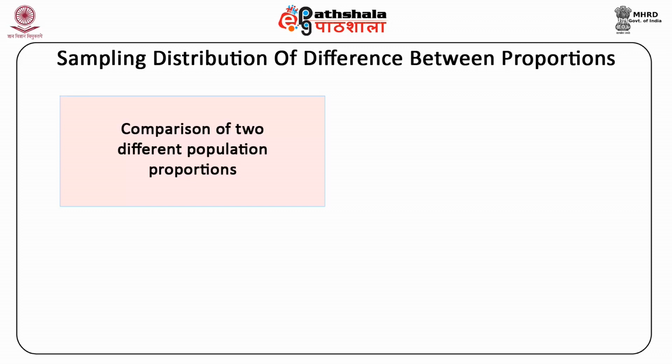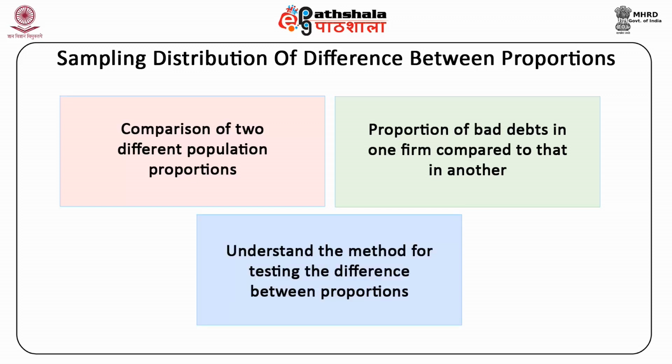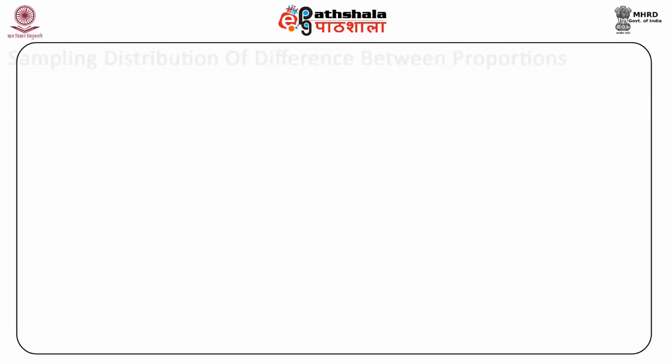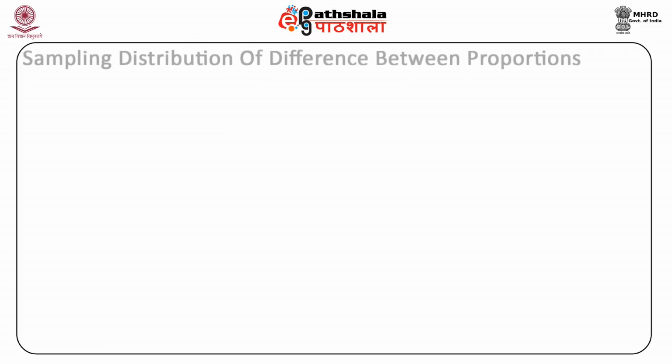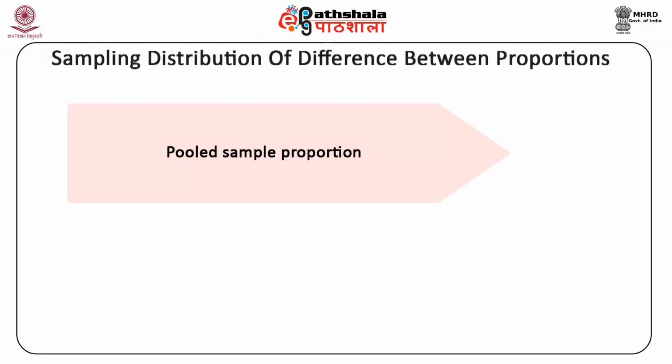The proportion of defects produced by one method compared to that produced by a second, or the proportion of bad debts in one firm compared to that in another. As learned in the previous section, in a similar manner, we will understand the method for testing the difference between proportions. Next, moving on to the sampling distribution of difference between proportions.